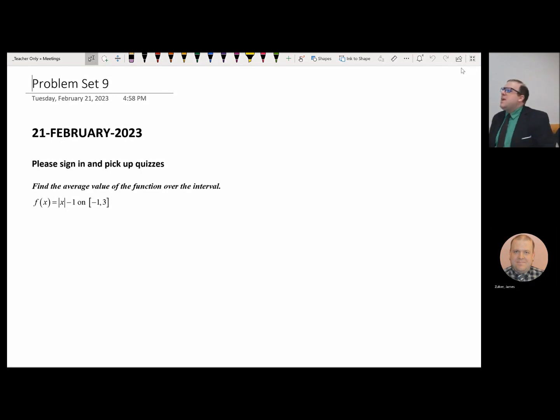Well, we're familiar with the idea of arithmetic mean, right? Sum of the values divided by the number of values you have. So we think of average value of a function.